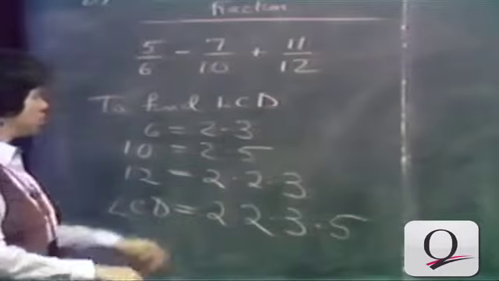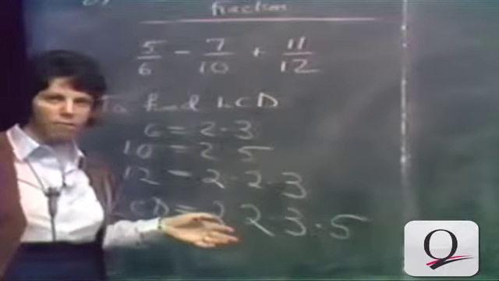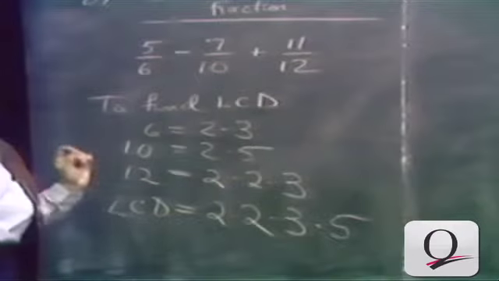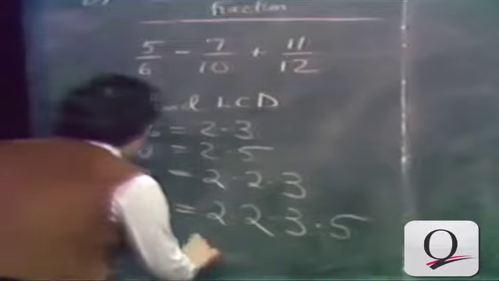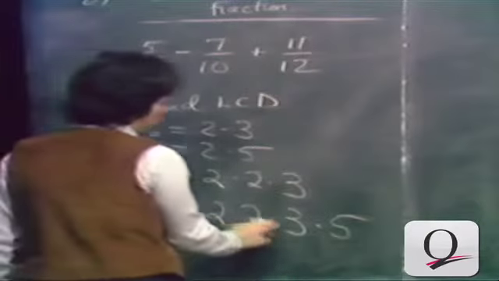You do not say there's a total of 2 3s and 4 2s. You don't add them up. You look in each denominator, and you take the factor the greatest number of times it appears in any one denominator. This will give you the lowest common denominator, which is, in this case, 2 times 2, 4, times 3, 12, times 5, 60.